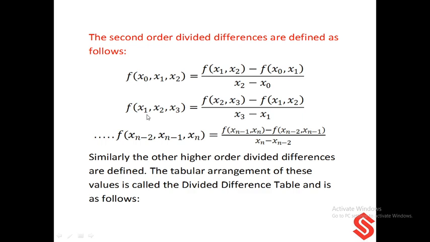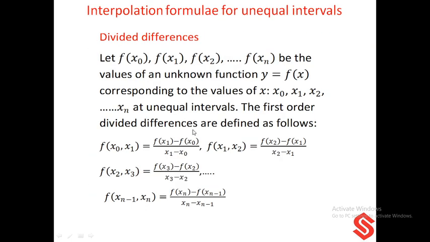Next, f(x1, x2, x3) = (f(x2, x3) - f(x1, x2)) / (x3 - x1), and so on. f(xn-2, xn-1, xn) = (f(xn-1, xn) - f(xn-2, xn-1)) / (xn - xn-2). Here on the right-hand side, particularly in the numerators, we are using the first order divided differences defined earlier, like f(x0, x1), f(x1, x2), etc.